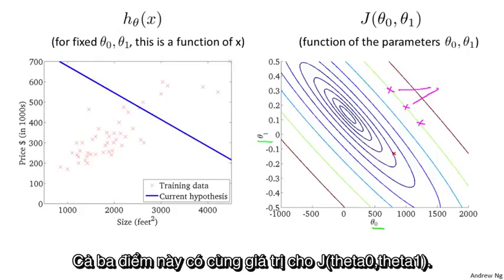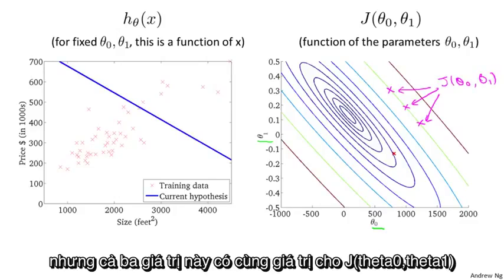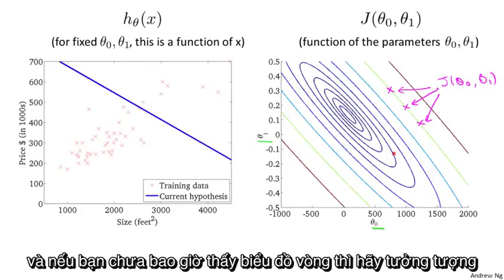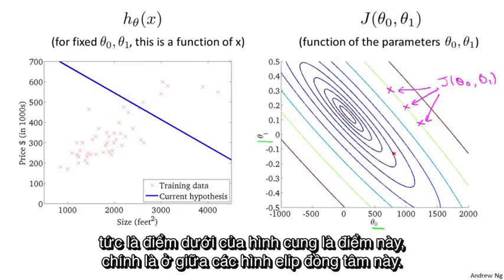All three of these points that I just drew in magenta have the same value for J of theta 0, theta 1. This is a theta 0, theta 1 axis, but those three have the same value for J of theta 0, theta 1. And if you haven't seen contour plots much before, imagine a bow-shaped function that's coming out of my screen, so that the bottom of the bow is this point right there, the middle of these concentric ellipses.